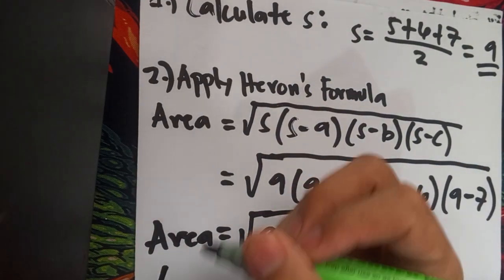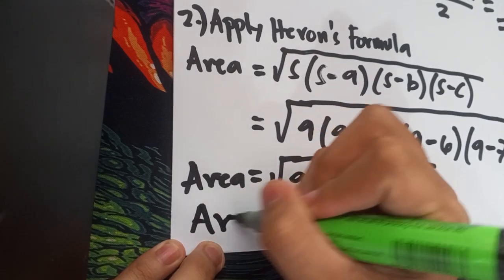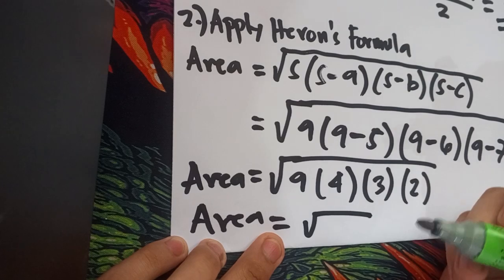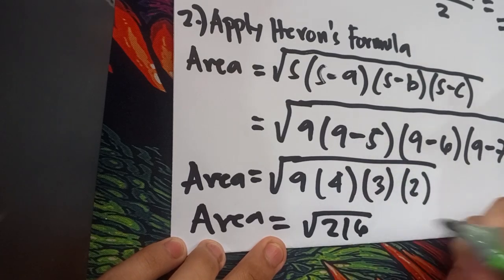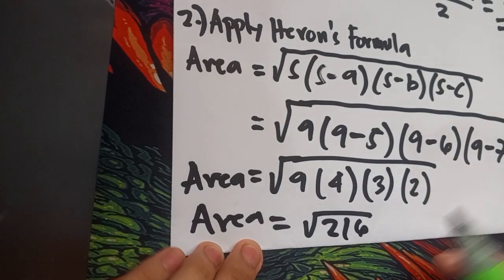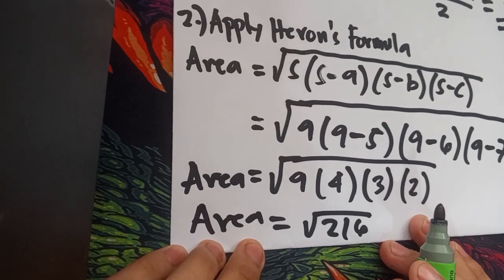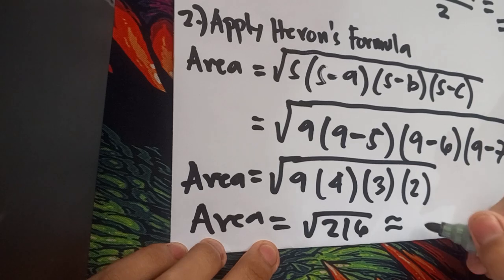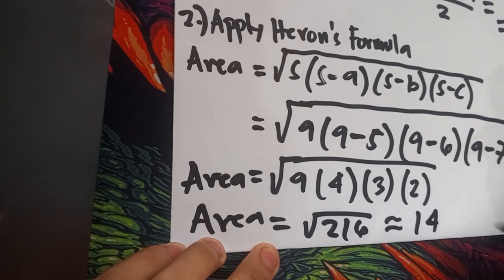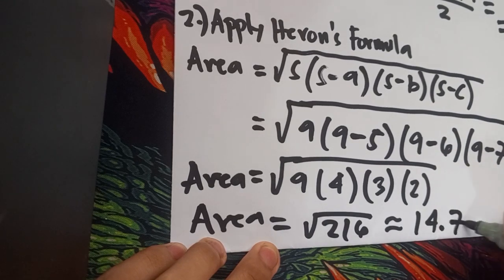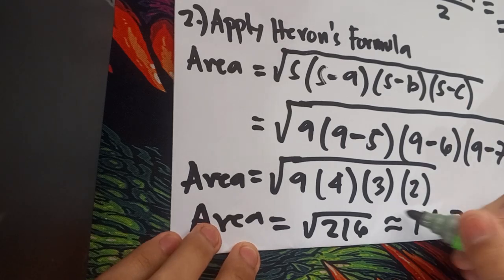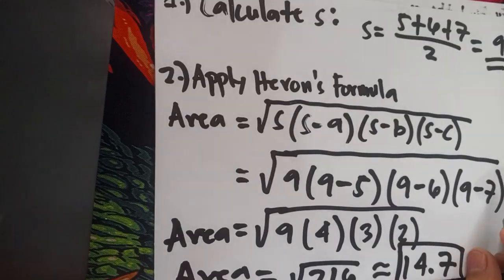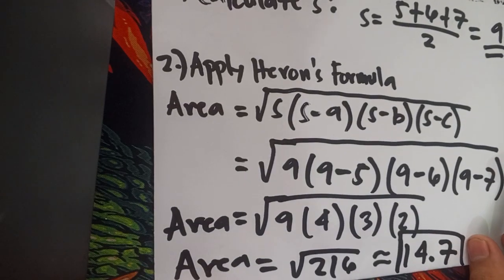So our area is equal to the square root of 216. What is the square root of 216? The square root of 216 is equal to 14.7. So this is the final answer, 14.7, using Heron's formula.